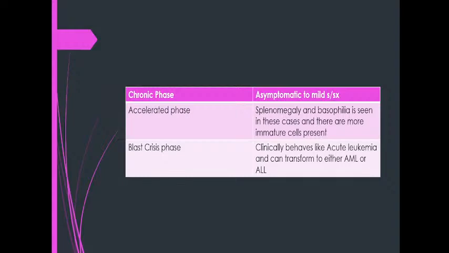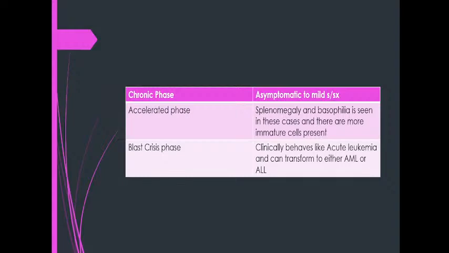In severe cases, especially those people who have been confirmed to have the Philadelphia chromosome, they would do weekly CBC analyses just to determine if the patient is at risk of having the blast crisis phase.